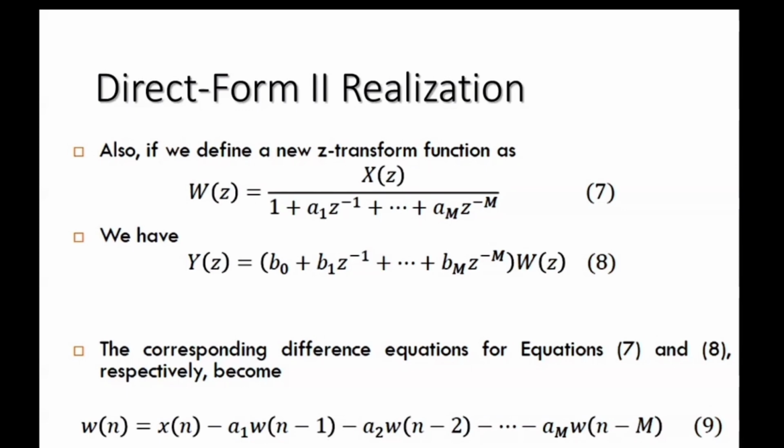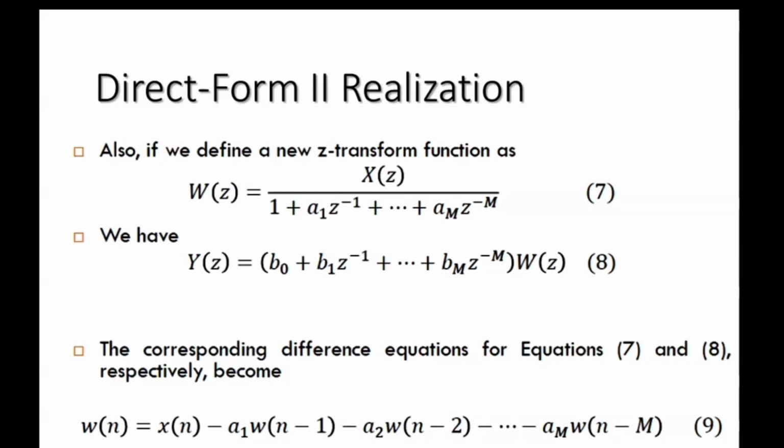If I find the corresponding difference equation for equations 7 and 8, I will get w of n is equal to x of n minus a1 into w of n minus 1 minus a2 into w of n minus 2 up to minus am into w of n minus m. This is your ninth equation.